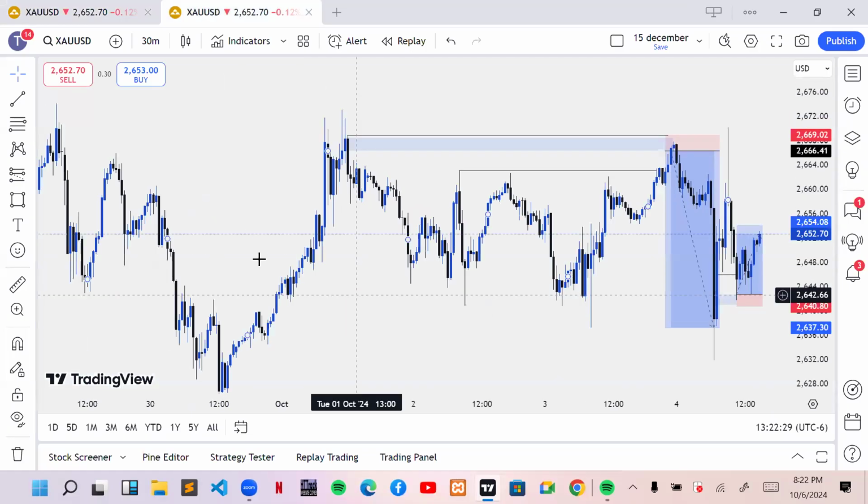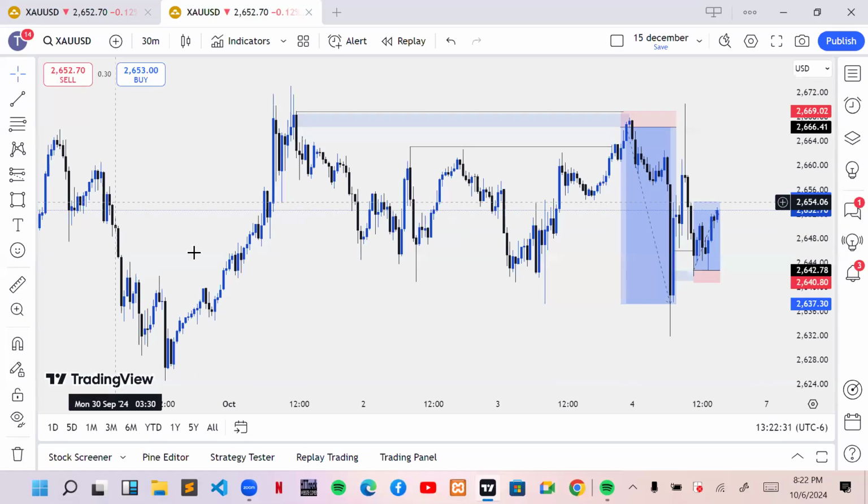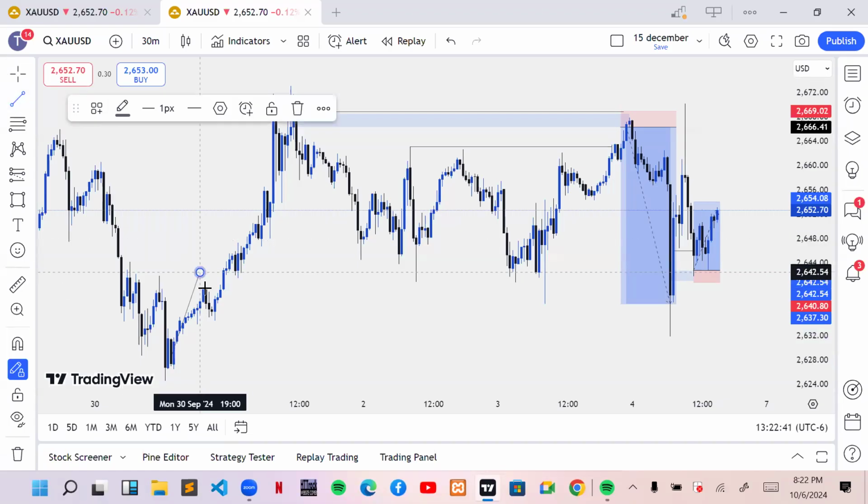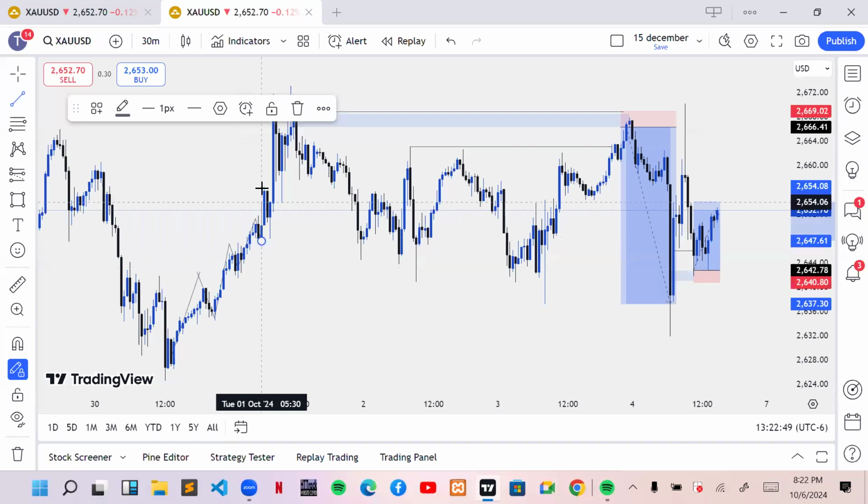So let me give a proper indication using the charts. Paying attention to this trade right here, you can see the market making a series of higher highs and higher lows. Then the market did what?